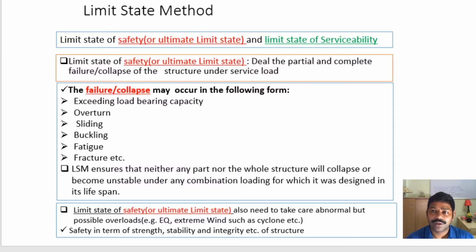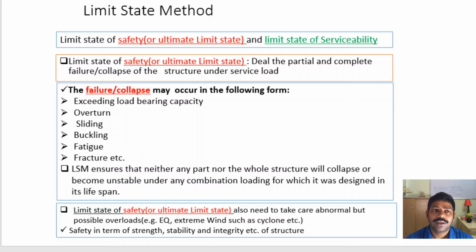Basically, the limit state method will give you safety against strength, stability, and integrity of the structure. Integrity means there will not be any partial failure; the different components of the structure will remain intact. Stability means it will not overturn or slide. And strength means it will not fail due to failure of the material, either concrete or steel.